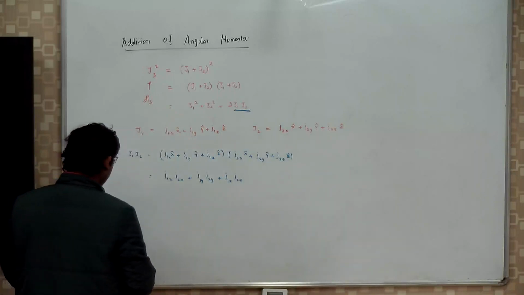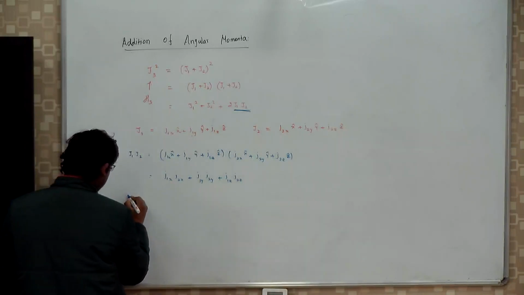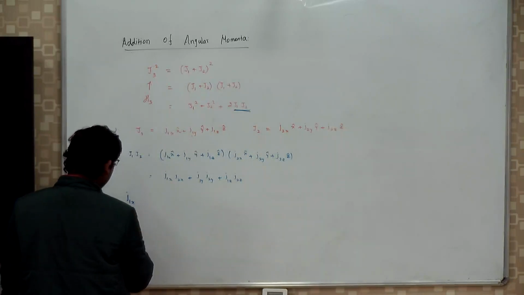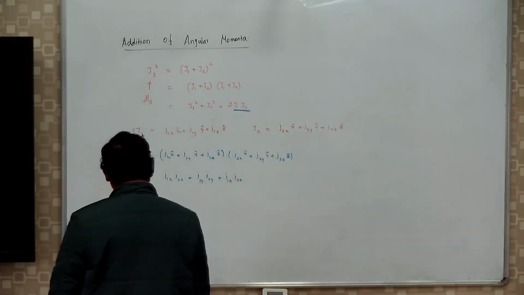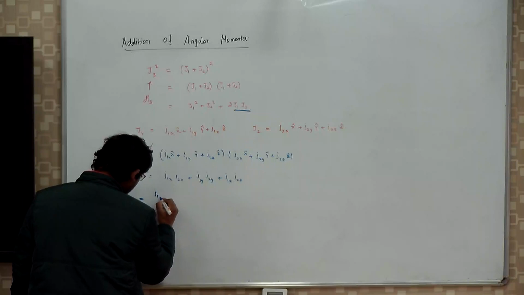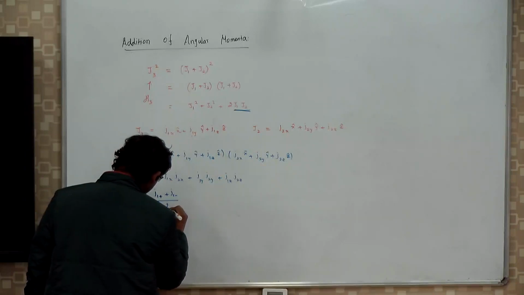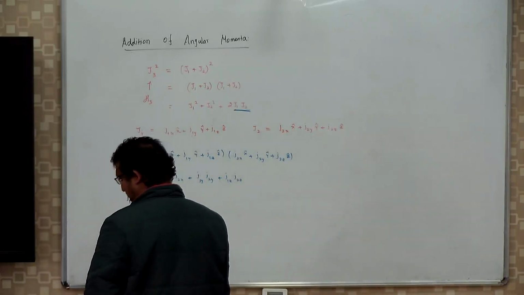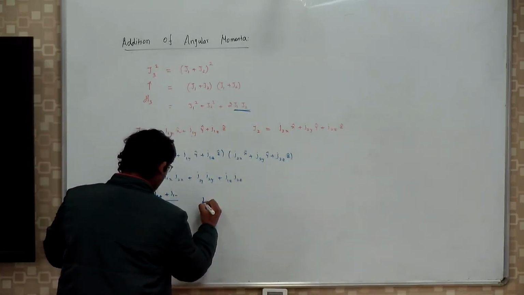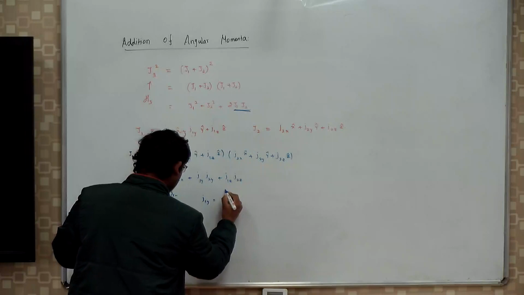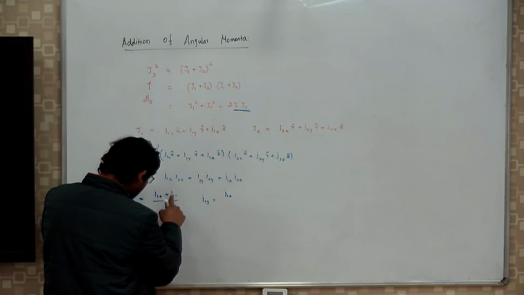However, we know how to write the operator Z1x by combining the raising operator and the lowering operator. So Z1 plus Z1 minus divided by 2 will give us Z1x. And similarly, Z1y can be written with Z1 plus, the raising operator, and the lowering operator.